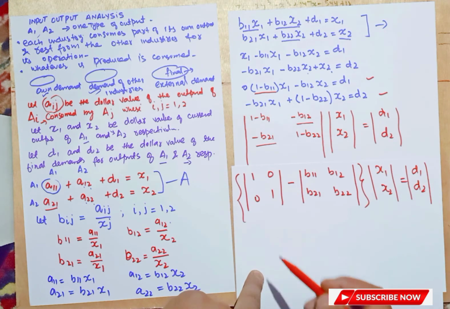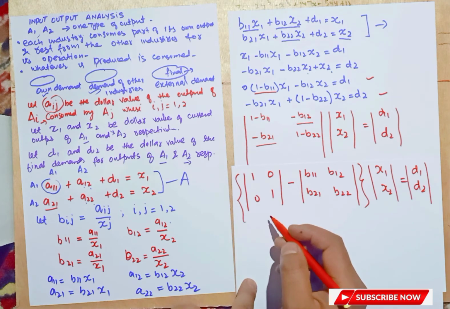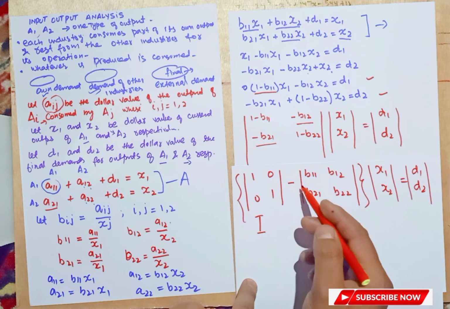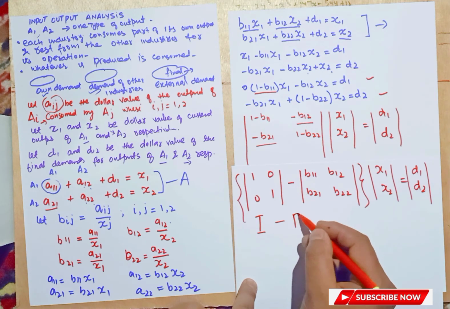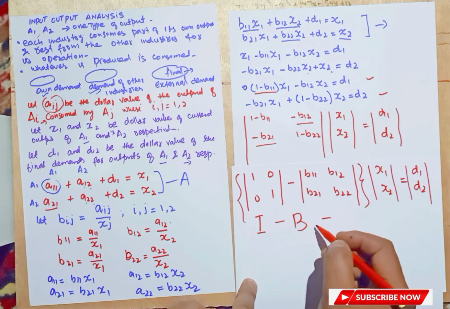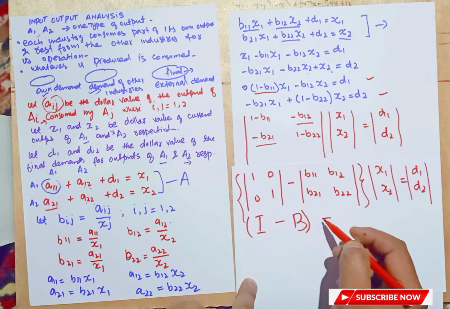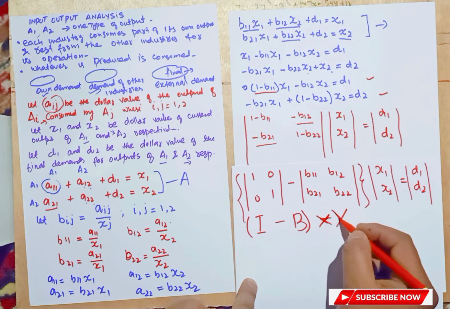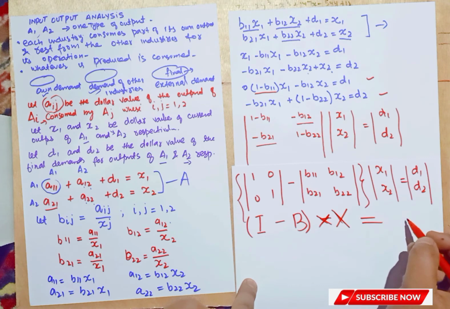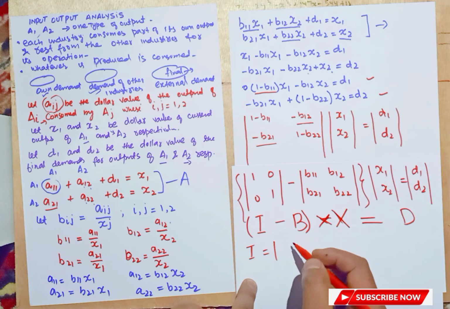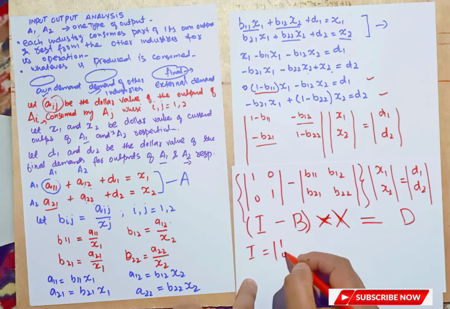Now here this is the identity matrix, so in place of it I will write I minus B, times x, is equal to D. So here this I is the identity matrix 1 0 0 1.